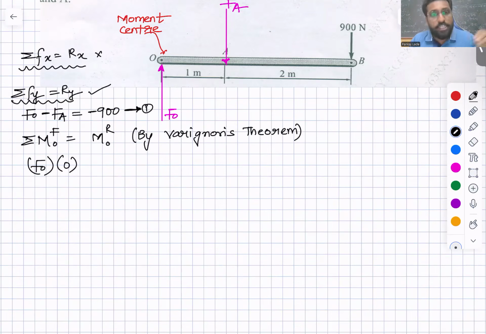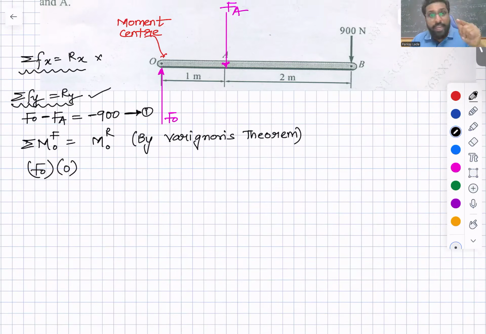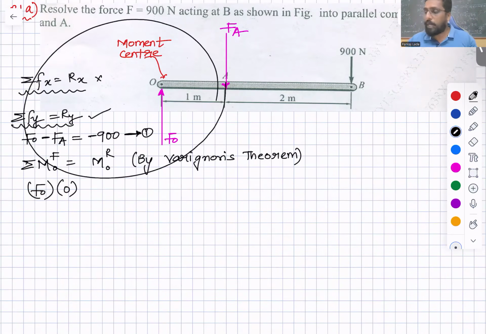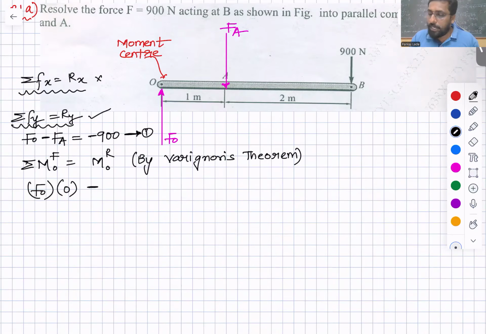That's why its moment is going to be zero, and FA is going to go in the clockwise direction, and that's why it would be minus FA, the magnitude, into the distance of FA from the moment center. वो 1 यूनिट पे ऐड कर रहा है, ठीक है, तो डिस्टेंस हो गया 1. This must be equal to the moment of the resultant force about the same point.